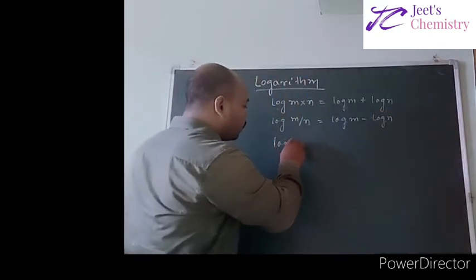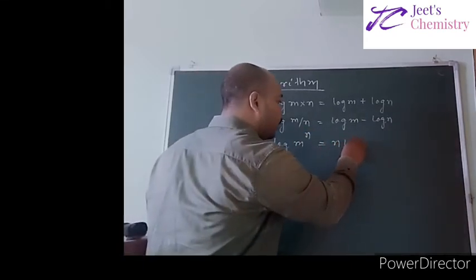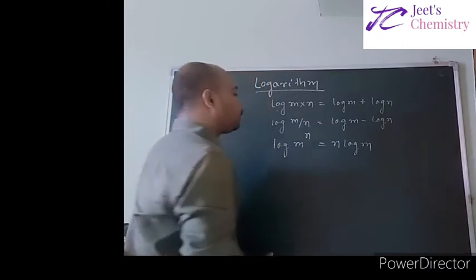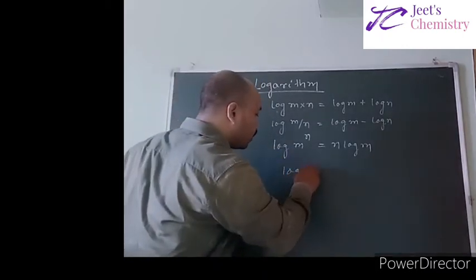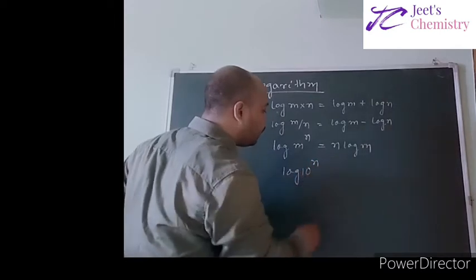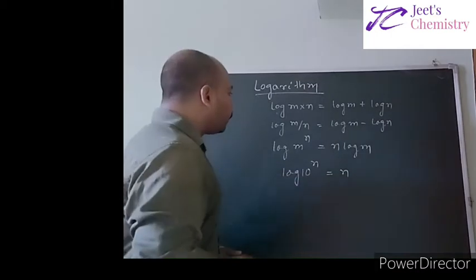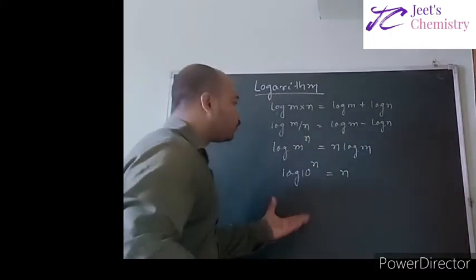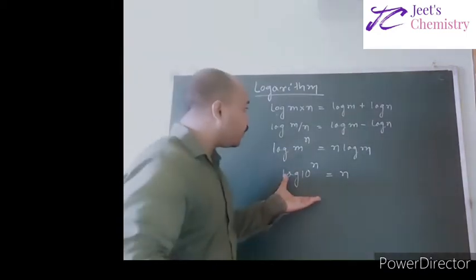Log m to the power n will be equal to n log m, and log 10 to the power n is always n. So these are some basic formulas we have to remember. This is the most important part.